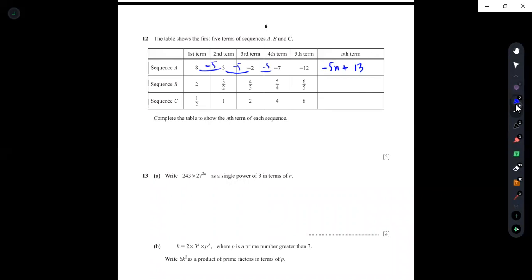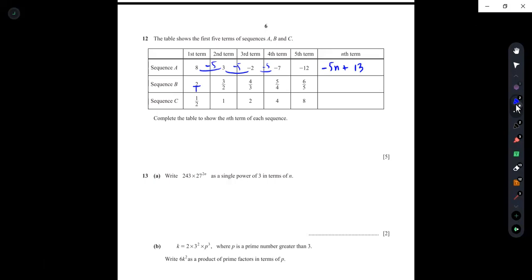The numerator is 1 more than the denominator: 2, 3; 3, 4; 4, 5; 5, 6. It means the first term should be 2 over 1. So denominators are 1, 2, 3, 4, 5. Numerators are 1 more than the denominator. So the next term should be 7 over 6.